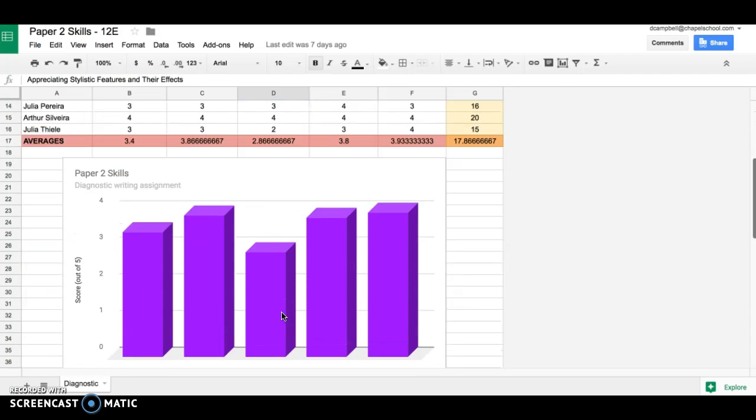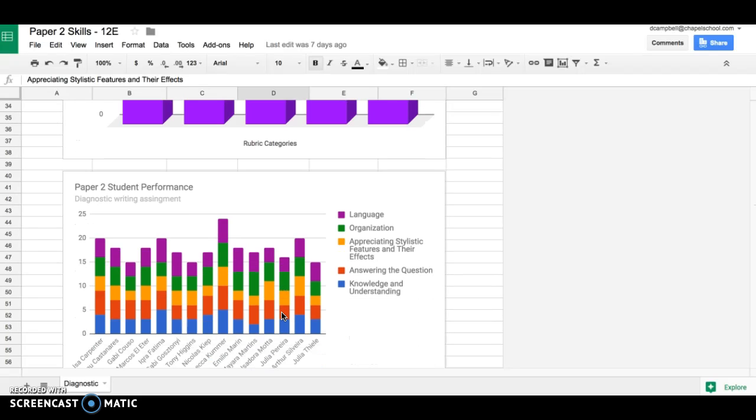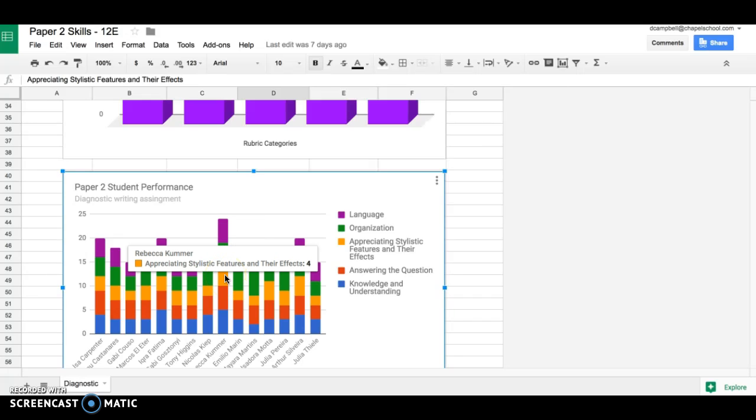I also created a second graph just to visualize student performance and how their 5 categories led to their scores. This helps me see outliers in terms of who is exceeding really well, who is pretty much ready for the final assessment, and who would be in need of some additional support work to encourage and challenge them further.